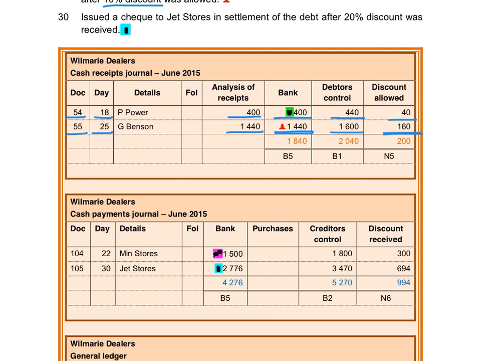In the cash payments journal, we will indicate that check number 104 was given to Minstores. The amount on the check is 1,500. In addition to the 1,500, they allowed 300 Rand discount, so we will reduce the creditors with 1,800 Rand.